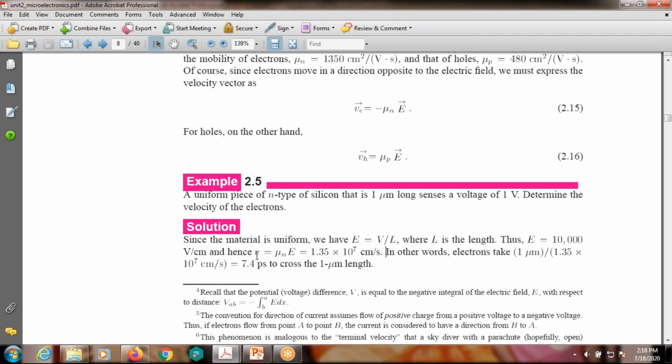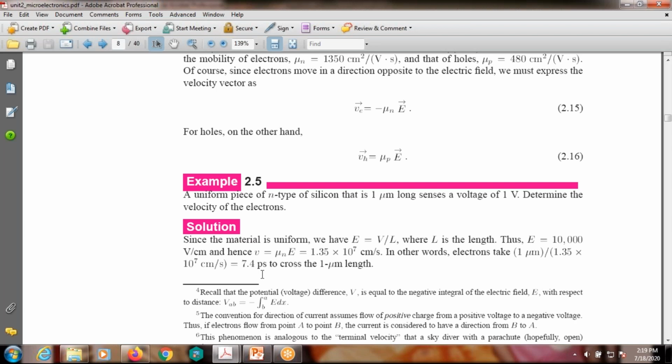Once you know the velocity, and already we know the length, you can easily calculate the time. In other words, how much time does the electron take to travel a 1 micrometer length? What is the relation between velocity, length and time? T is equal to length by velocity. The length is 1 micrometer, so 1 micrometer divided by velocity is equal to 7.4 picoseconds.